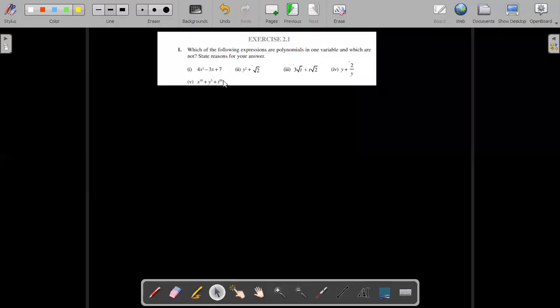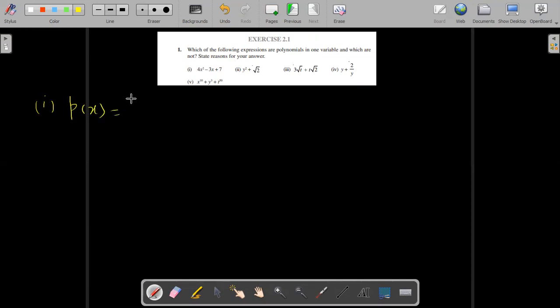Exercise 2.1, question number 1. Which of the following expressions are polynomials in one variable and which are not? State reason. It should be a polynomial and it should be in one variable. Question number 1: p(x) is equal to 4x square minus 3x plus 7.